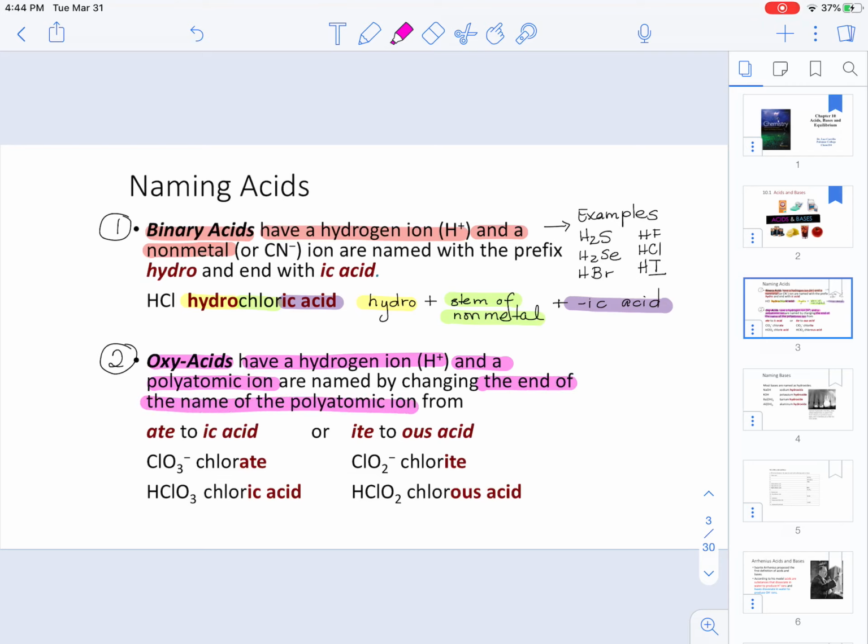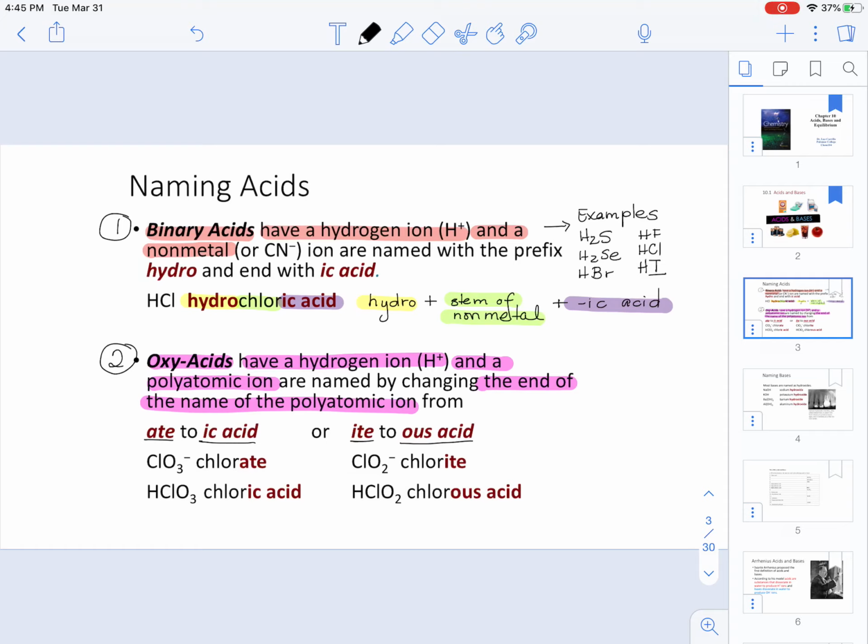And remember that the list is in the back of the syllabus. For any polyatomic ion that ends in ate, you are going to substitute that ate ending with ic acid. For any polyatomic ion that ends in ite, the ending is going to change to ous acid.